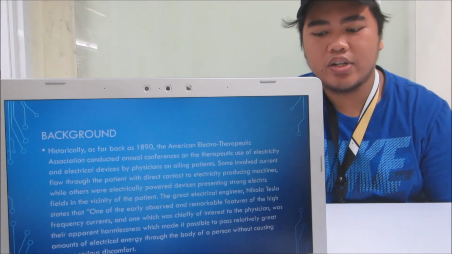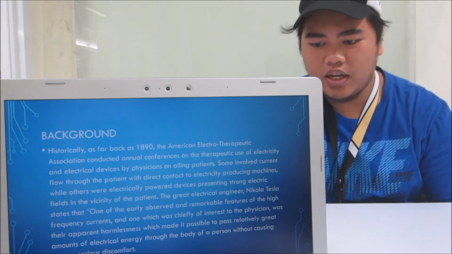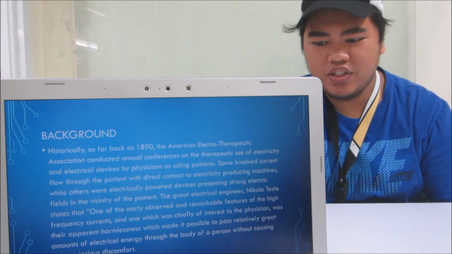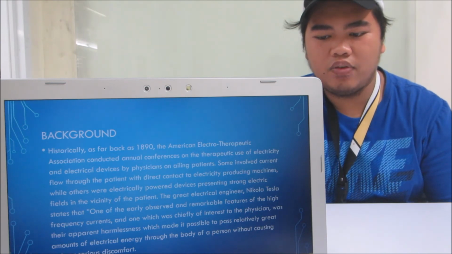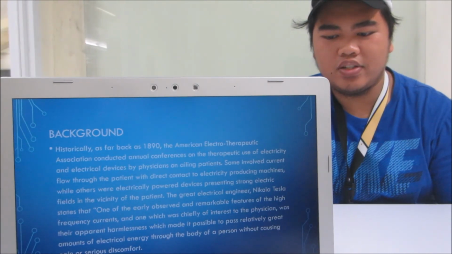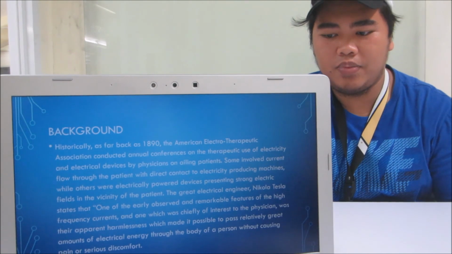Background. Historically, as far back as 1890, the American Electrotherapeutic Association conducted annual conferences on the therapeutic use of electricity and electrical devices by physicians on ailing patients. Some involved current flow through the patient with direct contact to electricity producing machines, while others were electrically powered devices presenting strong electric fields in the vicinity of the patient.